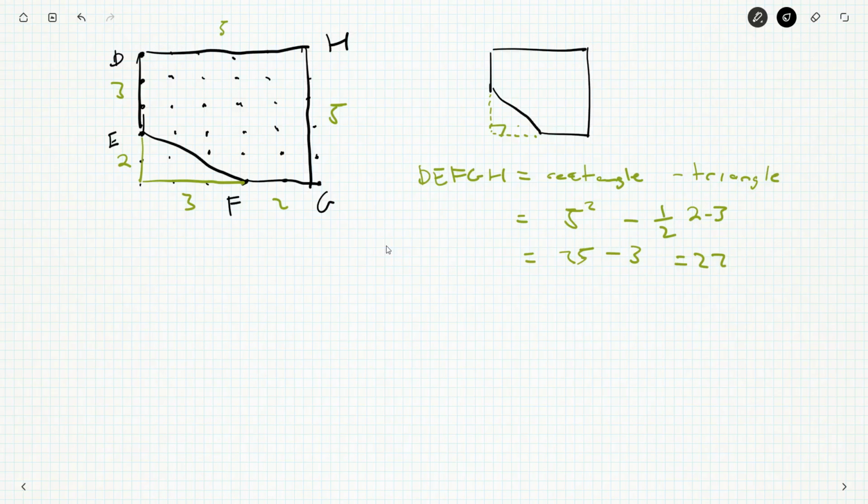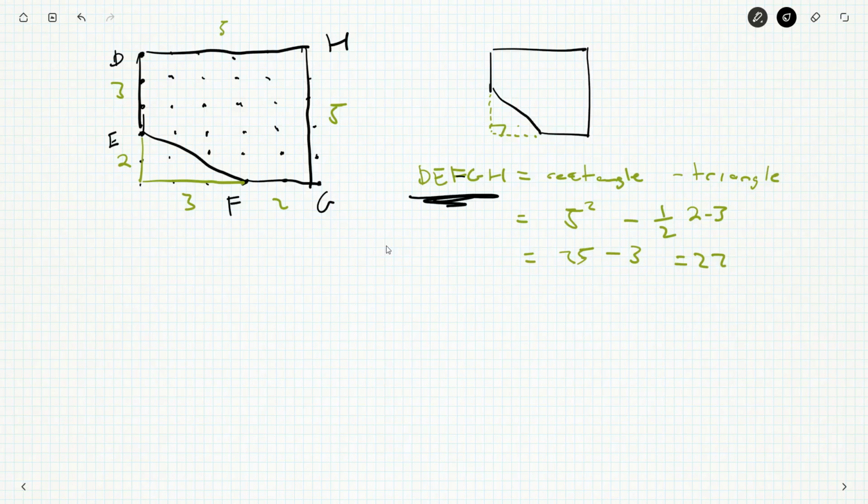So what should we do? Well, we should explain, hey, I can realize that this shape is just a square minus the right-angled triangle. I'll compute the area of the square. I'll compute the area of the triangle. The difference has got to be the remaining area, the DEFGH area. So you could add sentences as you need for that. I'd say what we've got here is fairly clear.